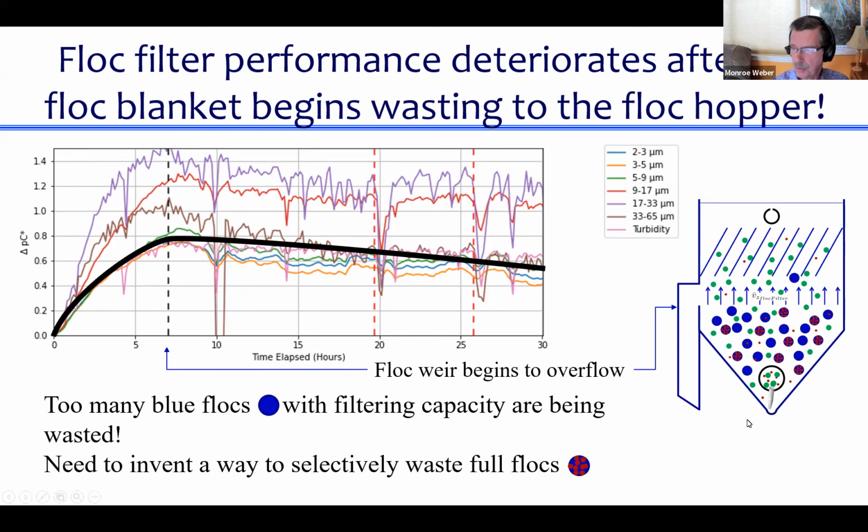floc filter over here, there's this jet of water that's squirting out, and the velocity gradient at that jet is actually pretty high, and it's enough to break up the big flocs. So given that we're breaking up the big flocs right there, why isn't there infinite capacity of those big flocs to keep on growing again and capturing more particles on the outside?